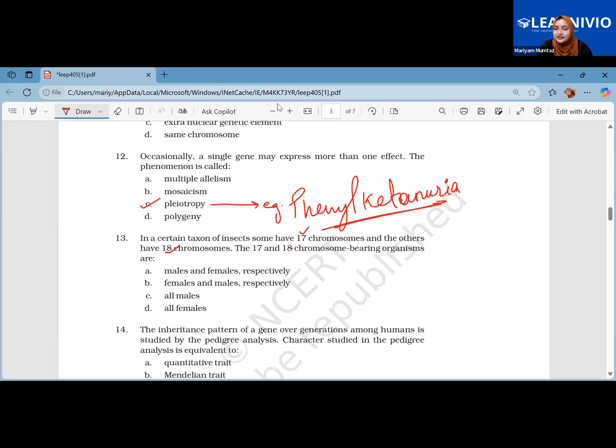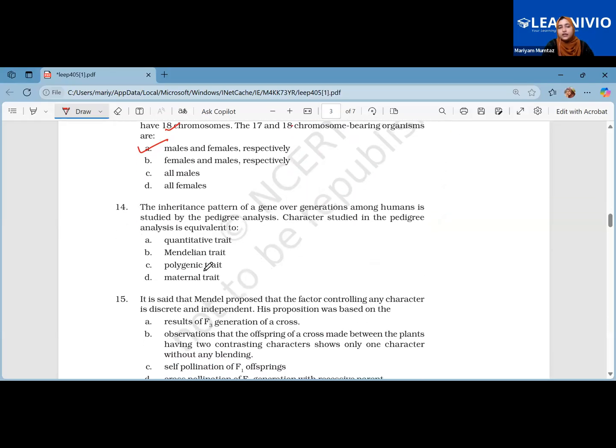Honeybees. Remember, males are haploid, females are diploid. Here it's not the case of haploid and diploid. They're saying the number is different. Yes, this is the right answer, but you should know which insect they are referring to. Where do you see the unique case? So you see it in the case of honeybees, right? Okay.